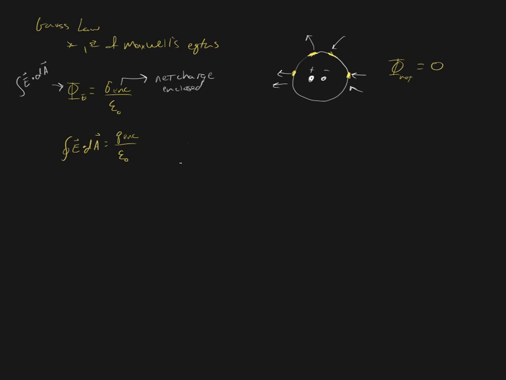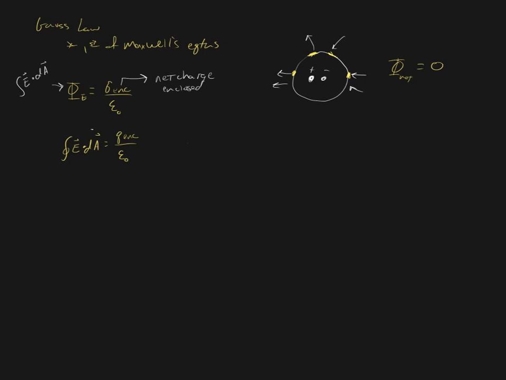Now, as mentioned earlier, by knowing the flux, we can infer how much charge is enclosed, and that's what we're doing with Gauss's law. And actually, we tend to use it more for determining the electric field for some type of charge distribution, because that's where the real power lies.